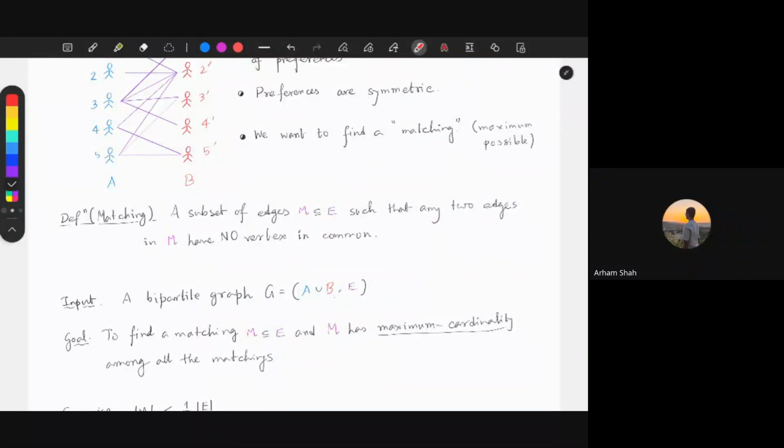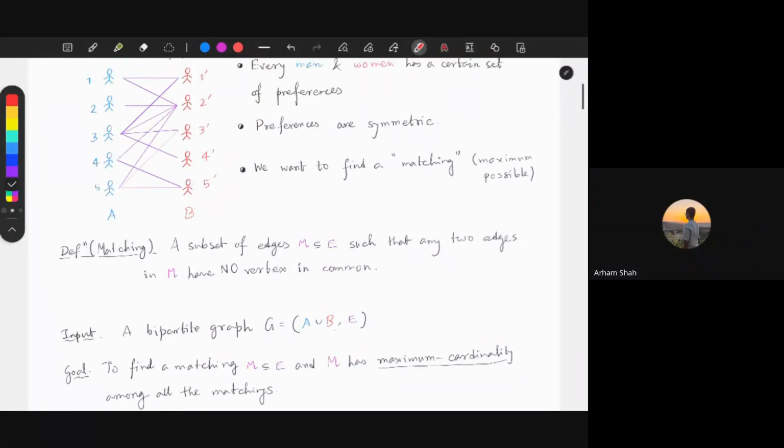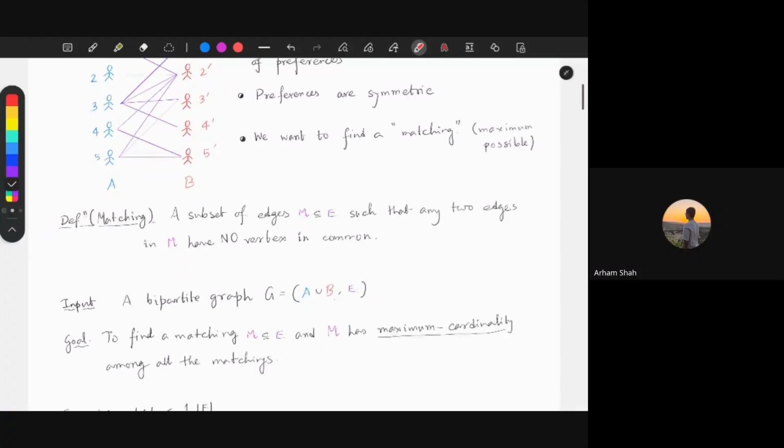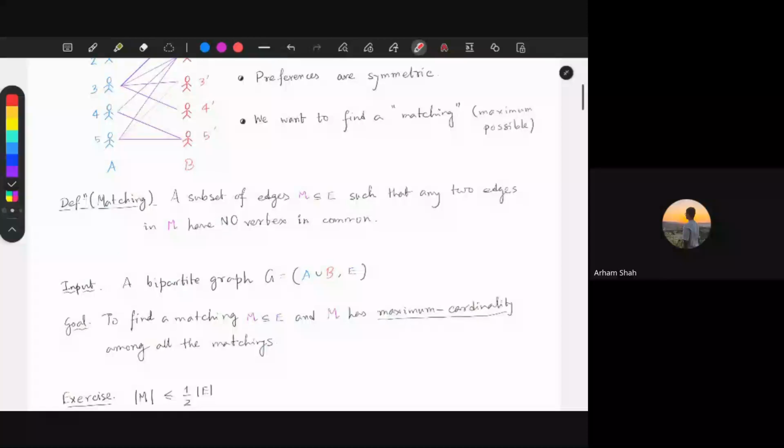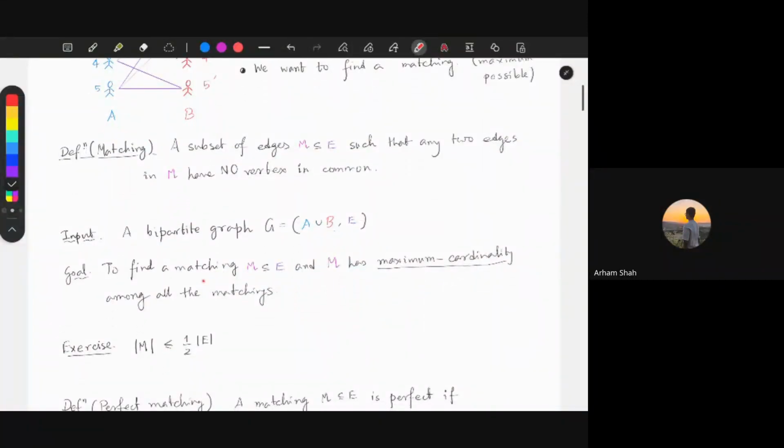Bipartite graph means you can decompose the vertex set into two disjoint subsets A and B such that among the vertices of A there is no edge, and same for B, and the only edges are between A and B. And I want to find a matching, which may not be perfect, but of maximum cardinality.